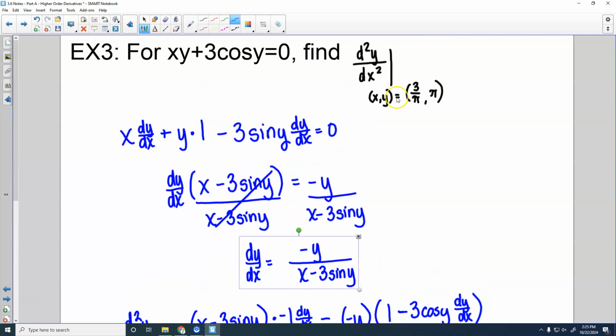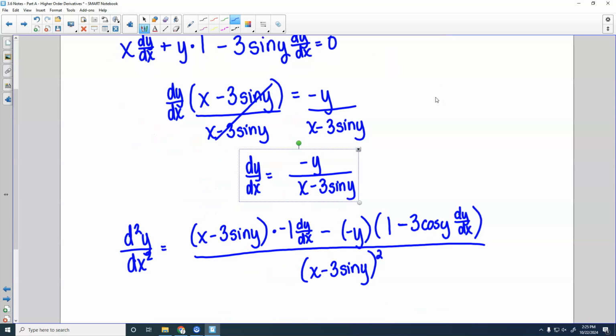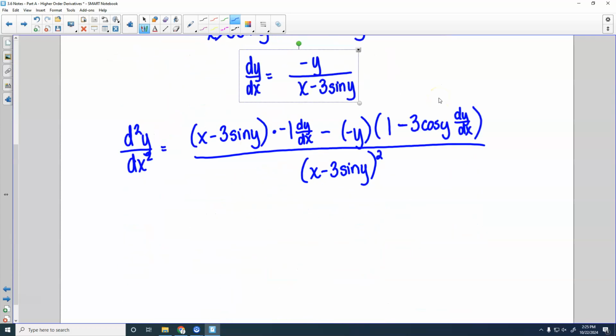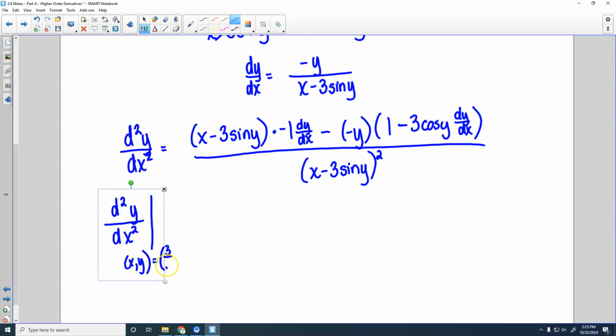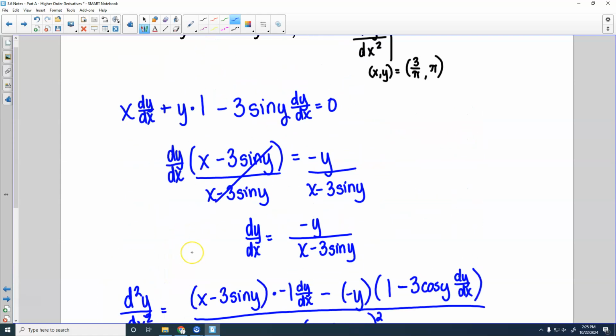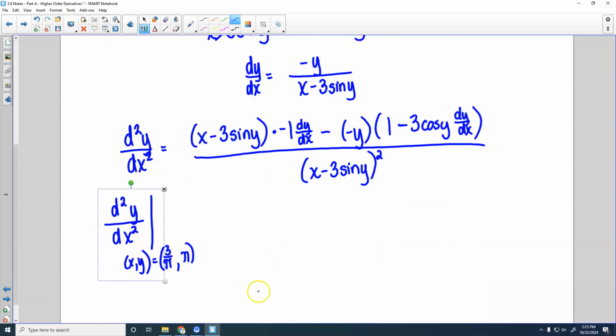For this problem, they are asking you to plug in 3 over pi, pi. So our notation here looks like this: d squared y over dx squared at the point (x, y) equals (3/pi, pi). Pi is the right point, isn't it? Yeah. Okay, and we are just going to plug in the x and y coordinates for most everything.